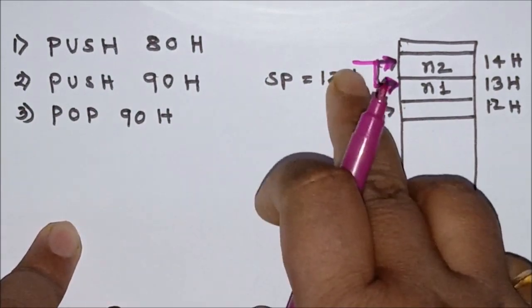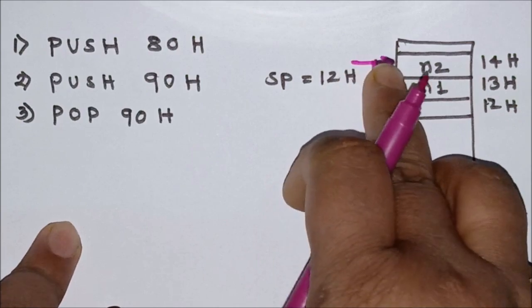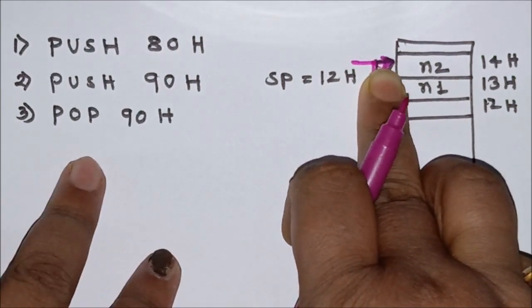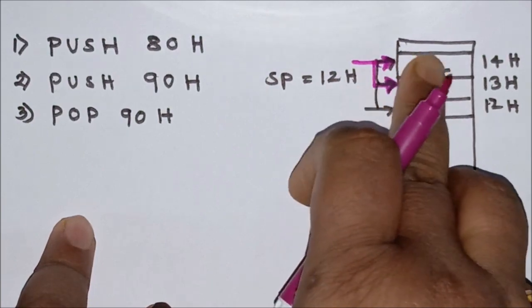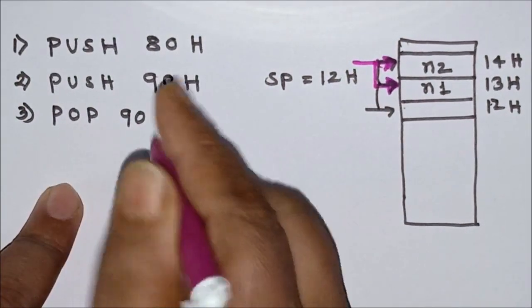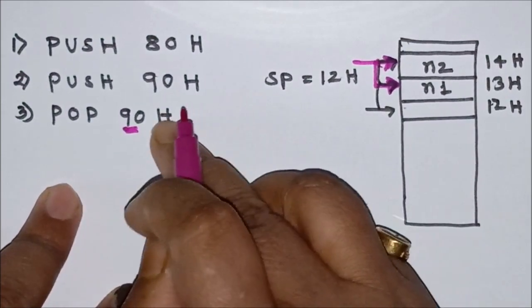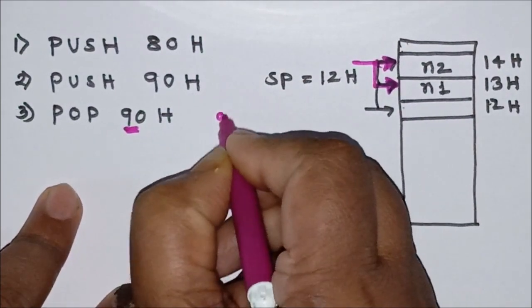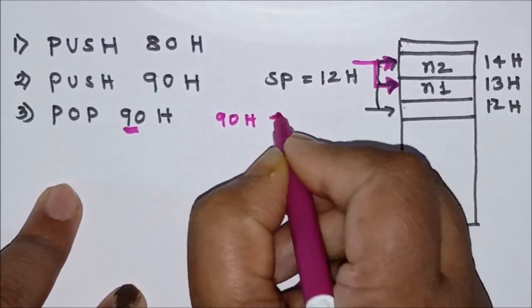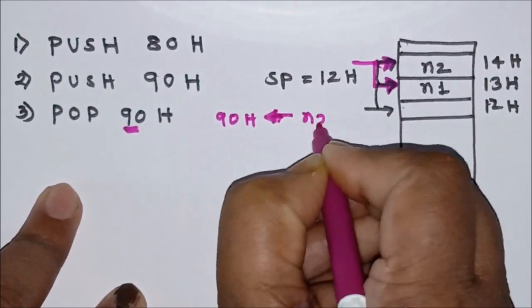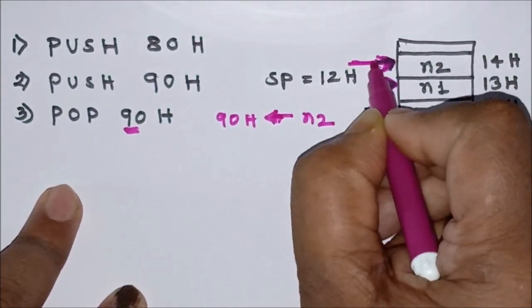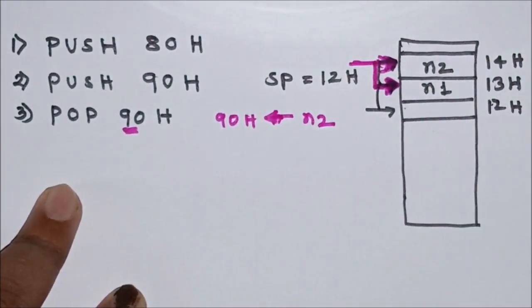So first, stack pointer is pointing to this memory location at this instant. So what microcontroller will do, first it will read a data from this memory location and store it at address 90H. So after execution of this instruction at 90H address, data stored will be N2. After reading this data from memory location, now stack pointer will be decremented by 1.